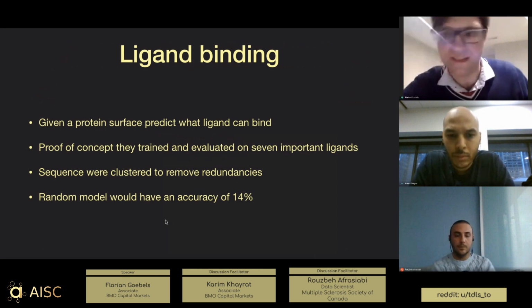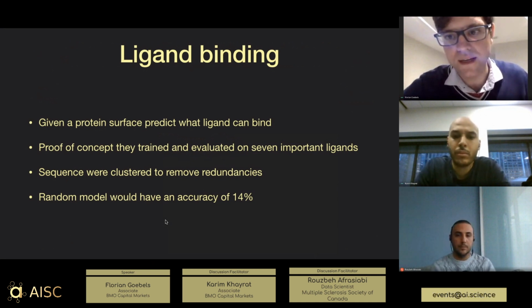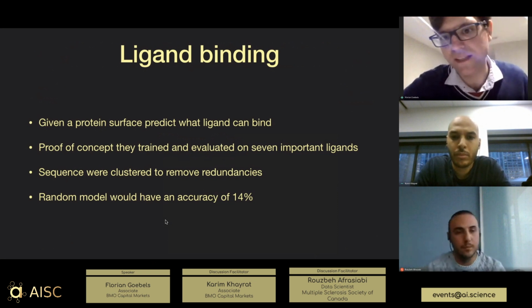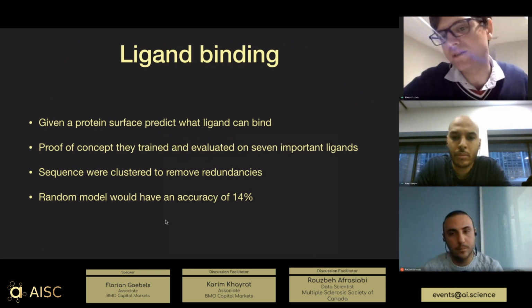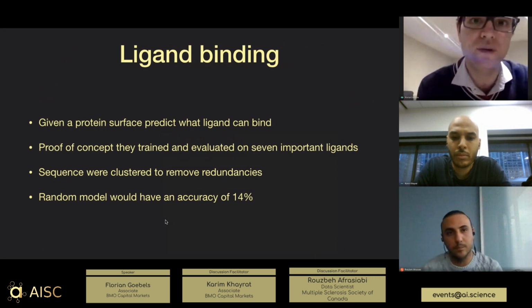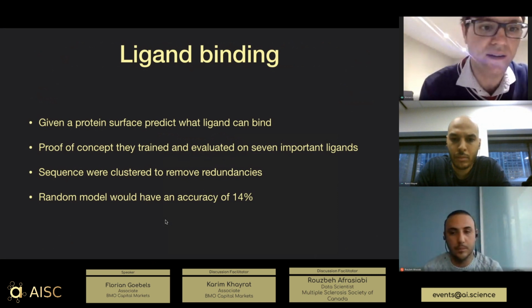So if you want to predict another ligand which is not part of those 7, you have to retrain a model. Maybe a more general approach would be better if it's possible. They say it's more of a proof of concept, so they just evaluate based on those 7 important ligands. At the same time, these 7 are the ones that have most of the data available.